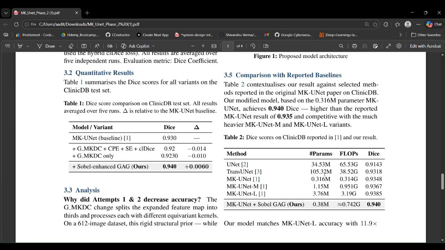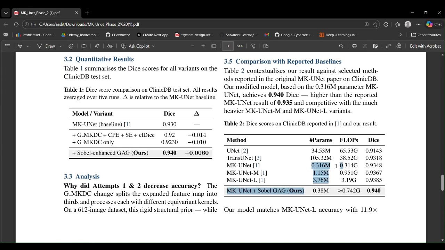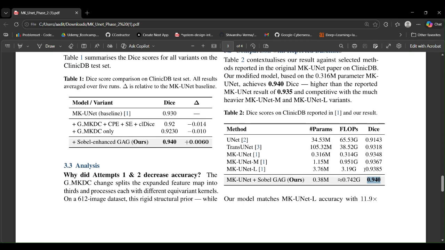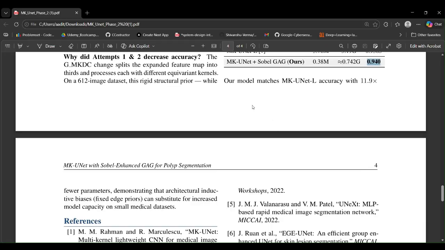Here you can see the parameters of MK-UNet are 3.16 million and 0.314 GFLOPs, and the dice is 0.9348, and our MK-UNet is 3.38 million, which is not directly comparable, but it's not a great increase either, because the first digit has not changed, and still we have achieved some accuracy over the baseline model. So that's it, and thank you.